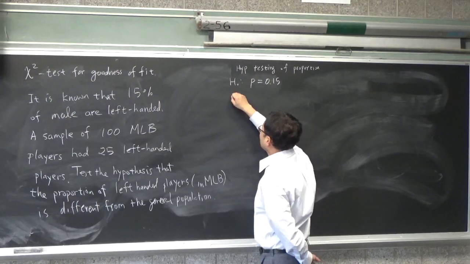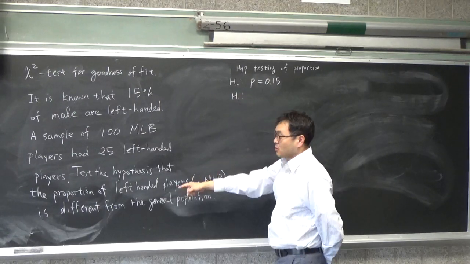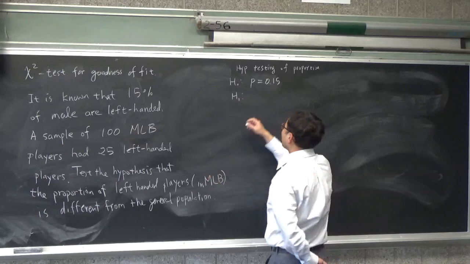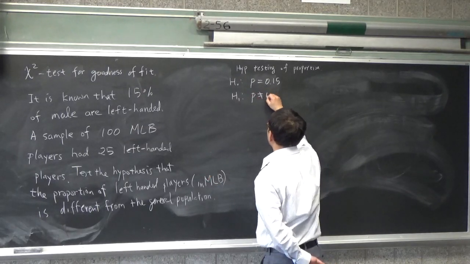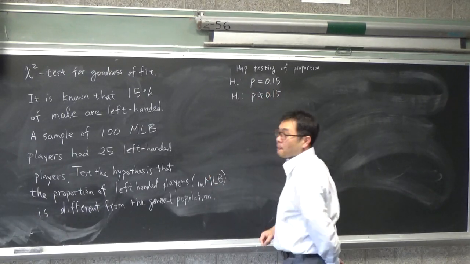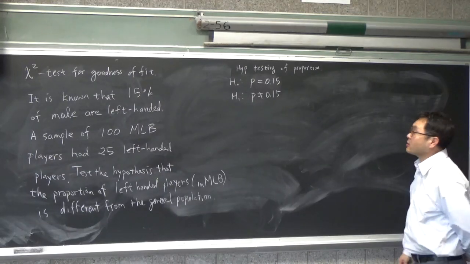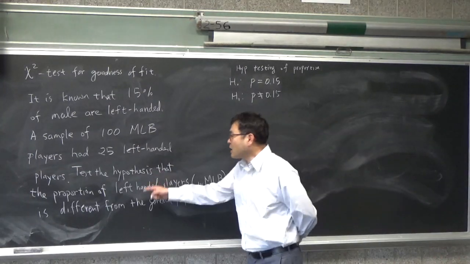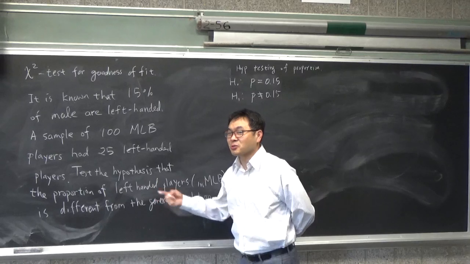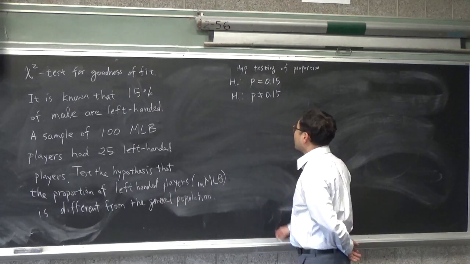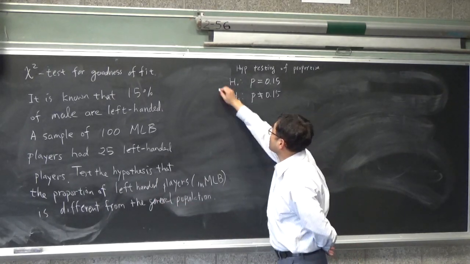Right? With the alternative saying that I think it's different, right? So not equals to 0.15 will be the alternative hypothesis, because we're not trying to show that it's bigger, it's just different. So this is step one.